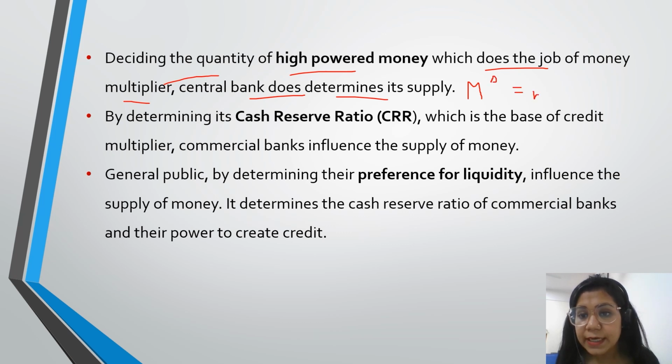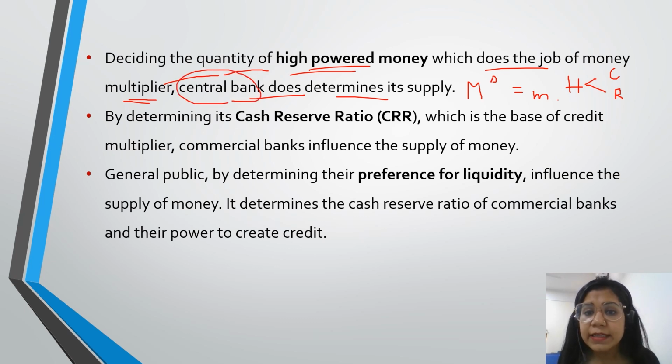The money multiplier into the high powered money, where the high powered money has two components: one is the currency and another is the reserves of the banks. So this is determined by the central bank, and in this way the central bank determines the supply of money.